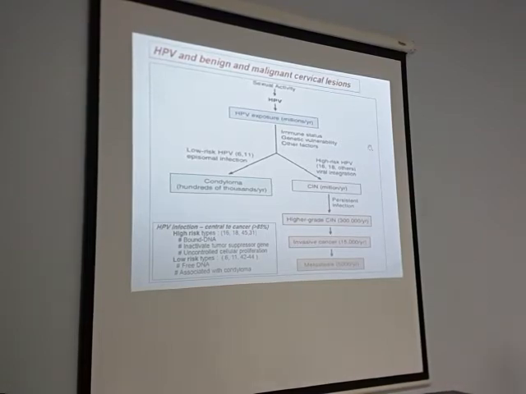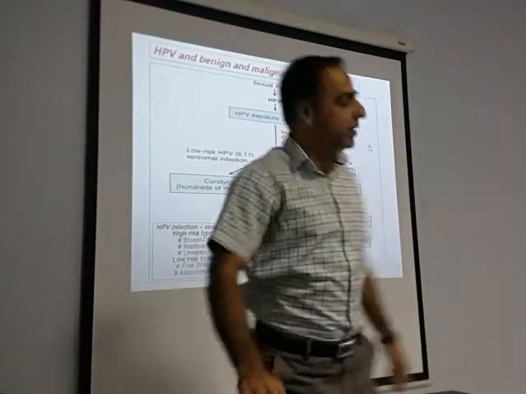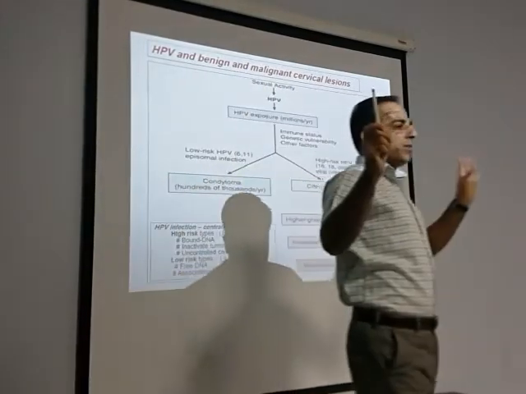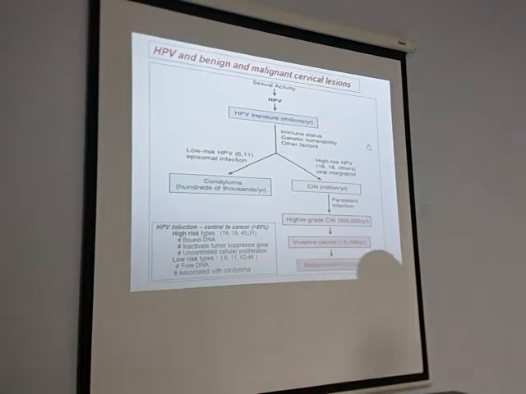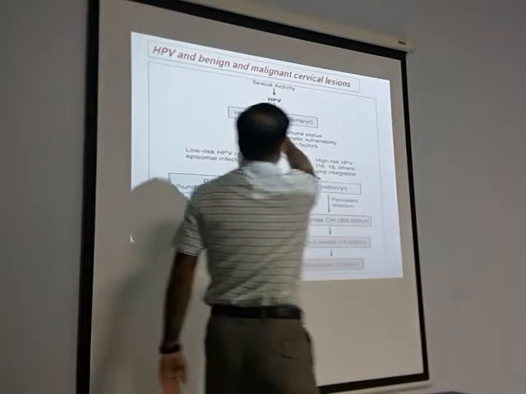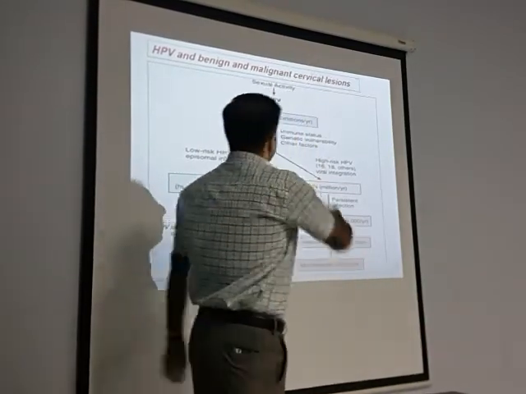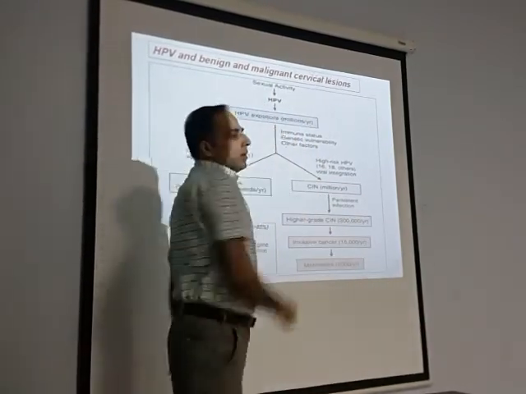Okay, human papilloma virus. What happens with this virus? The lady starts the sexual activity, most probably at the age of 20 to 24, and she will get infected with the HPV. So there is HPV infection.